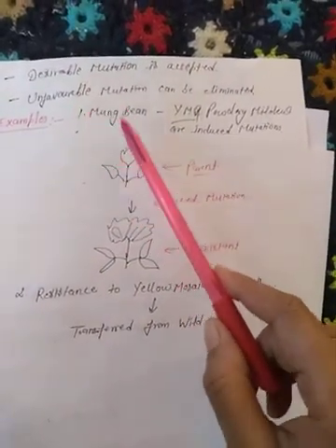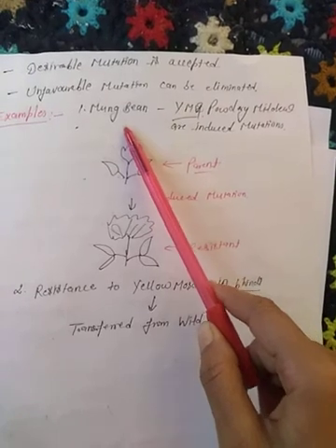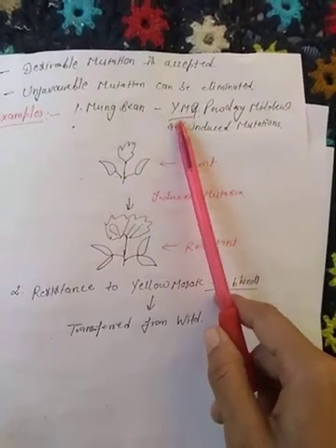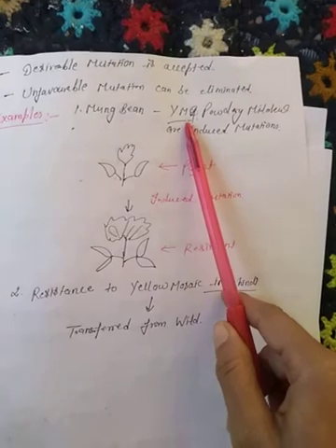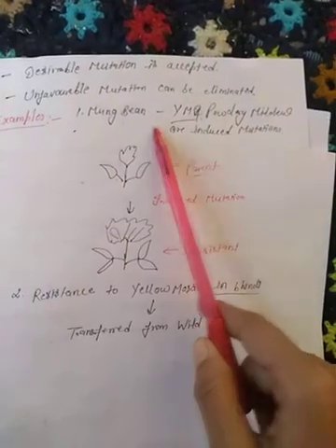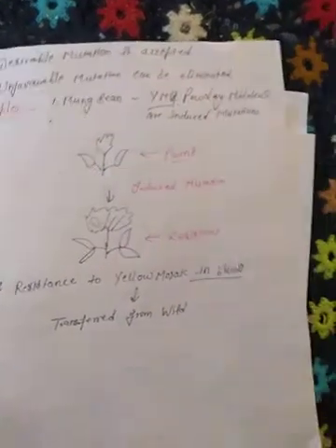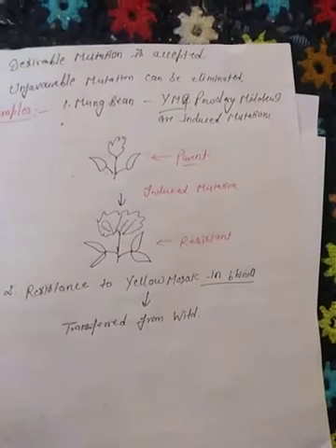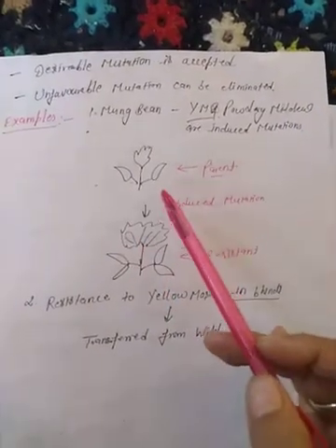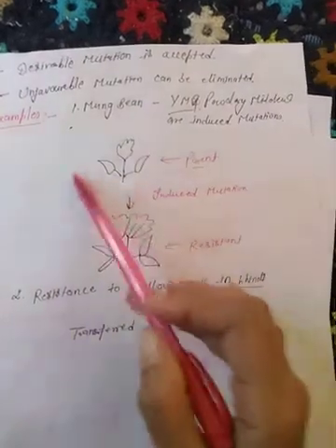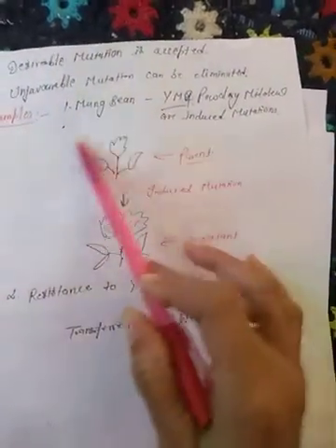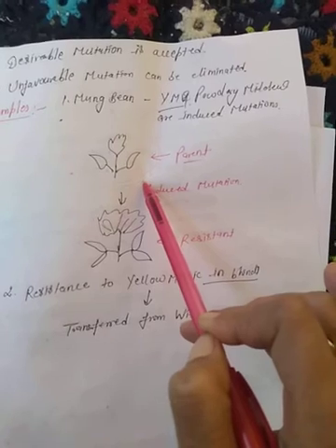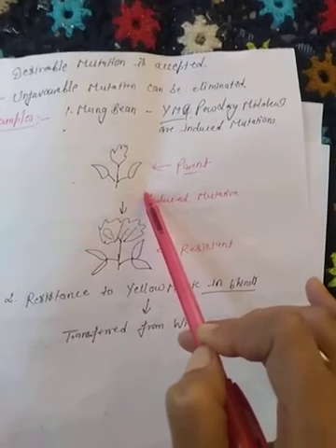So mung bean is the common example nowadays, which shows yellow mosaic resistance and powdery mildew resistance. They are induced mutations. Earlier the plants were attacked by the yellow mosaic virus. For example, this is the parent plant, and it is susceptible to yellow mosaic virus, and the result is less yield.